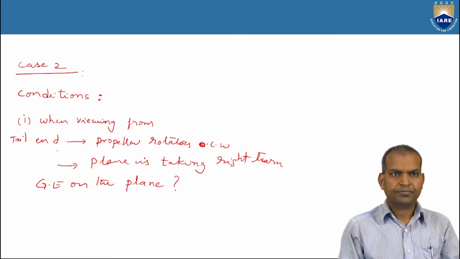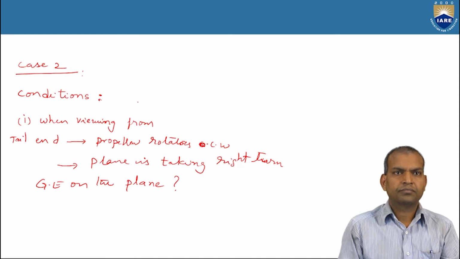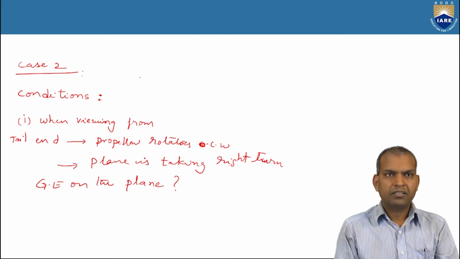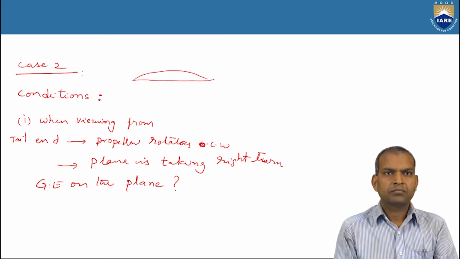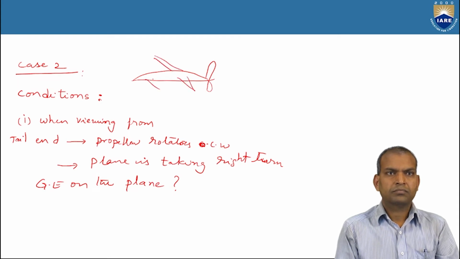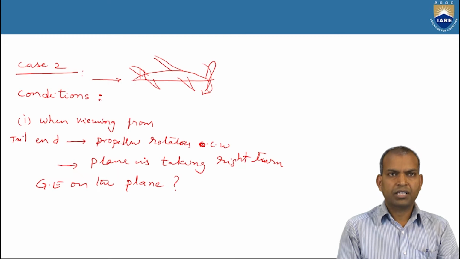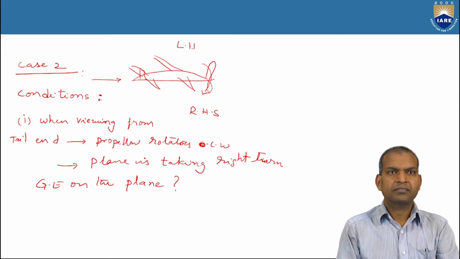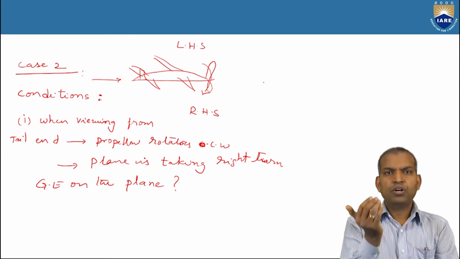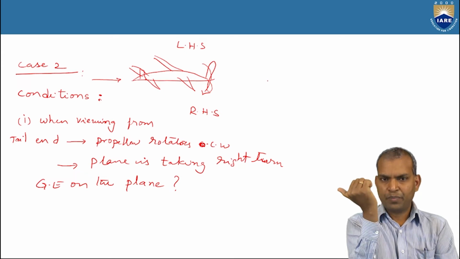How to start this? Let us begin. I am considering an aeroplane, a simple model. When we are viewing from the tail end, the propeller is rotating clockwise, but it is taking a right-hand turn. Now fold your fingers in the clockwise rotation of the propeller.